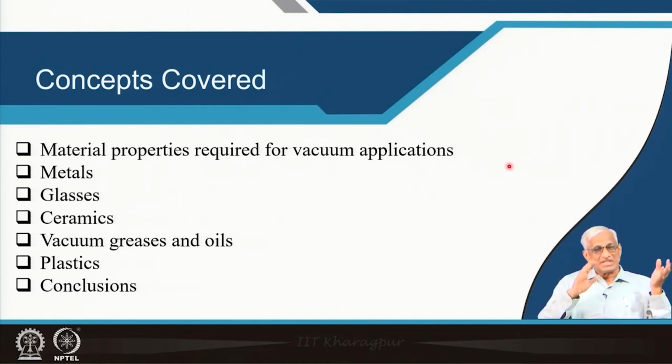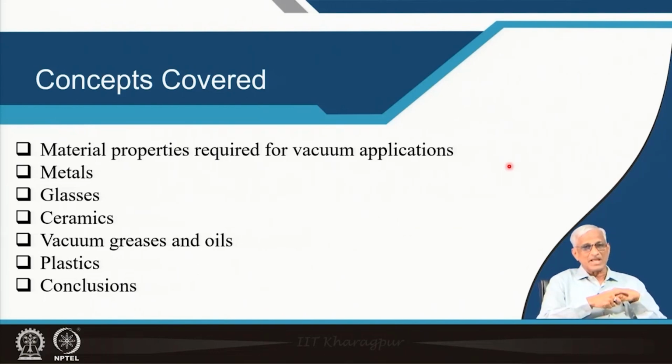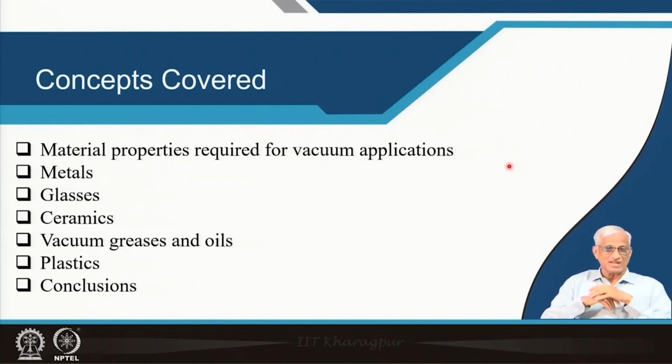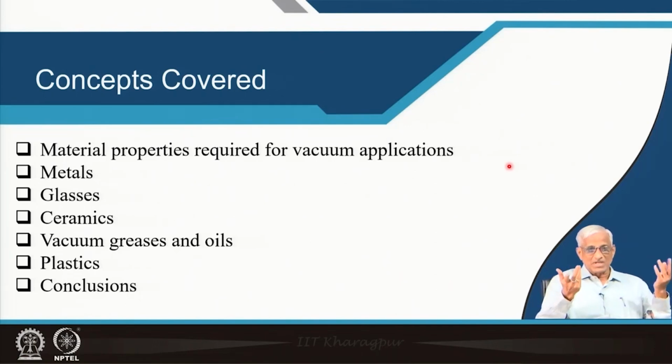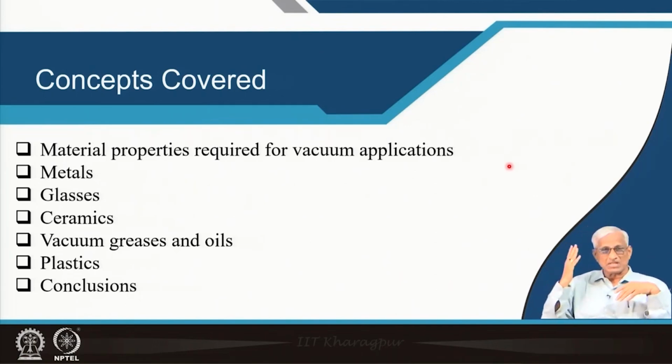Then we will see some greases and oils which have to be used up to some level of vacuum. We will also see some cheap, cost effective materials like plastics or mild steel, and when to use them. In certain high tech applications, we cannot afford to think of cost, because the application is so costly.